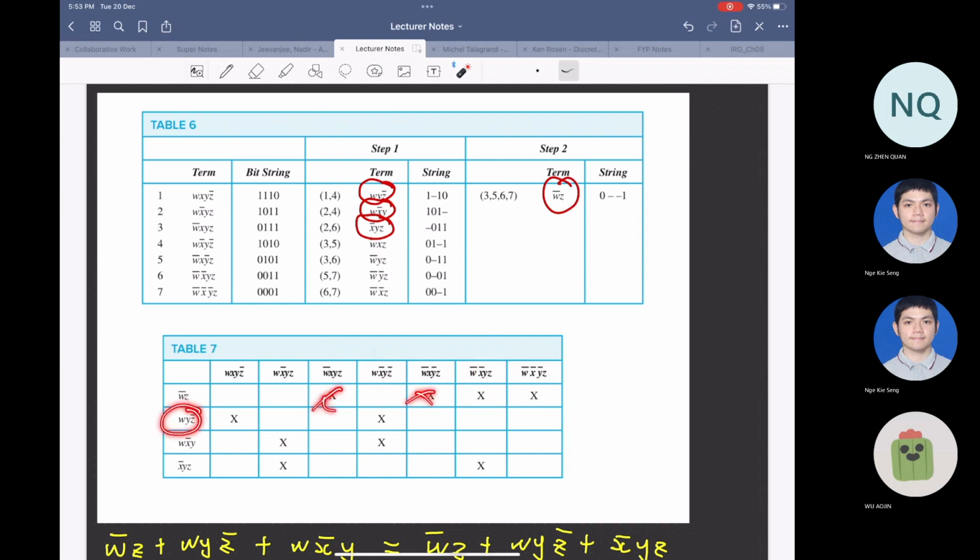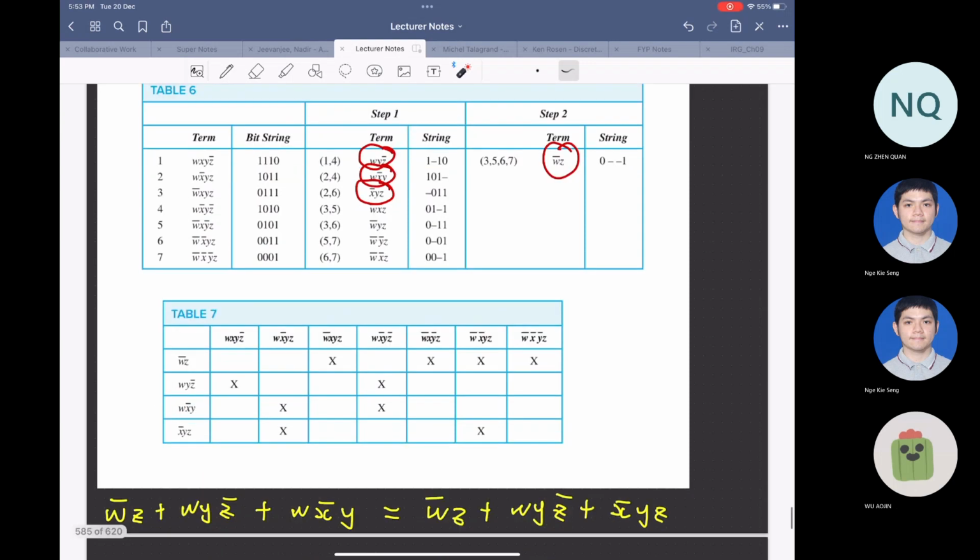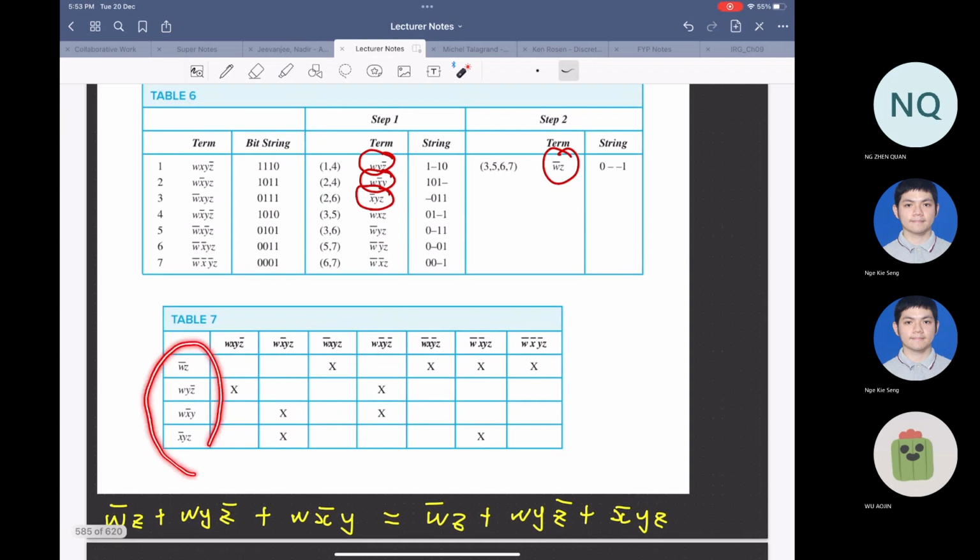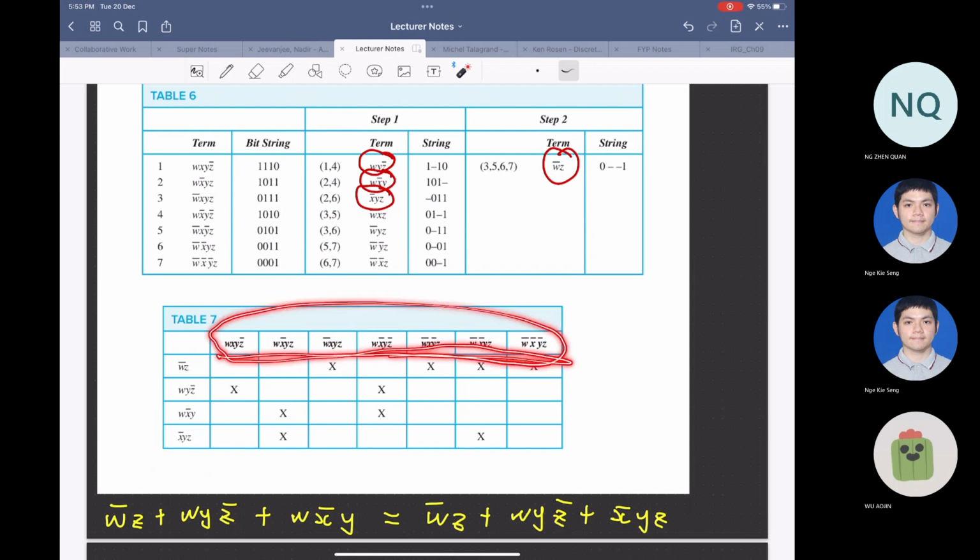Similarly, you do for WYZ bar. Okay, you can see that WYZ bar is in the min term here, but WY here is Z. So there's nothing here. Okay, so you do it for all these implicants. And then the next one is you need to take the sum of implicants that represent this min term expression, this Boolean expression here.